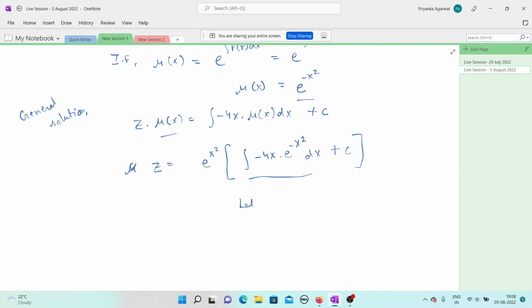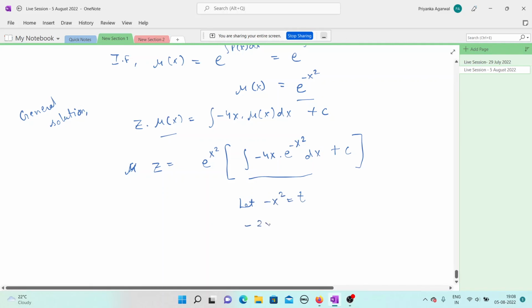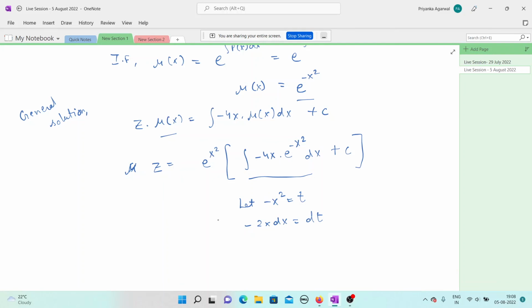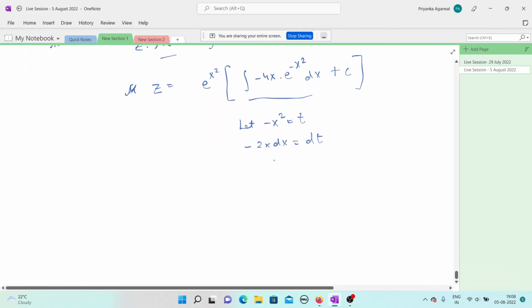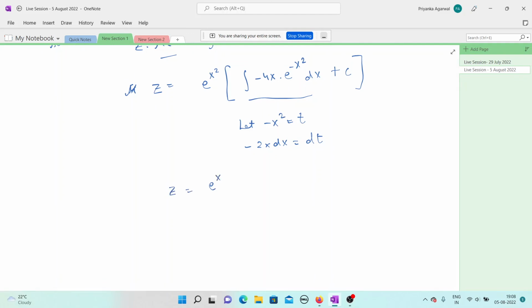Let us consider minus x square equals some t, then minus 2x dx will be dt, right? So this integral will become 2 times the integral of e to the power t dt plus some constant.